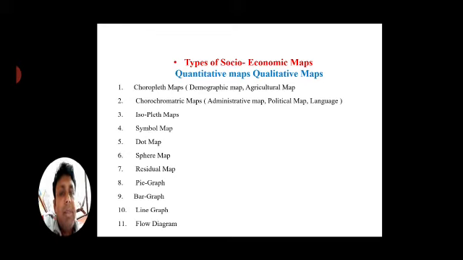We can discuss quantitative analysis through sphere maps and residual maps. These are also quantitative maps. Pie graph, bar graph, line graph, flow diagrams: these are all quantitative maps because different types of data and formulas can be applied for graphical representation in different maps.